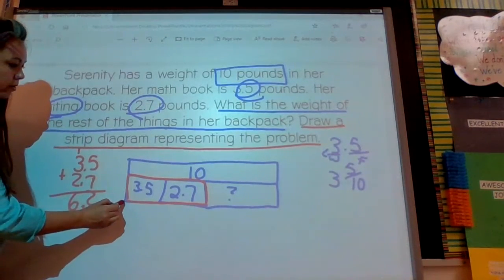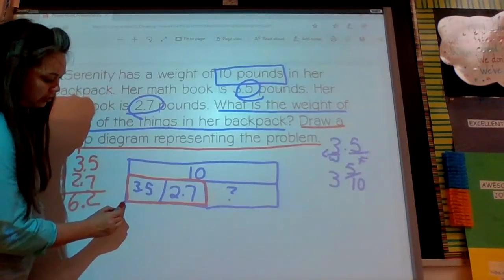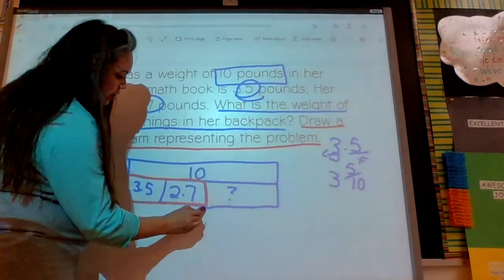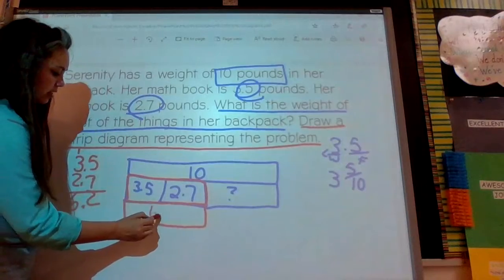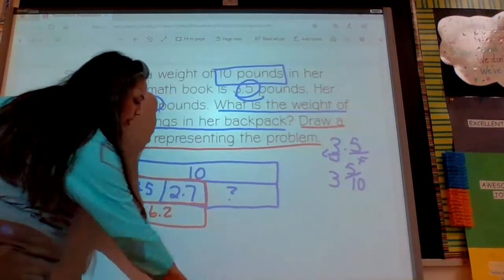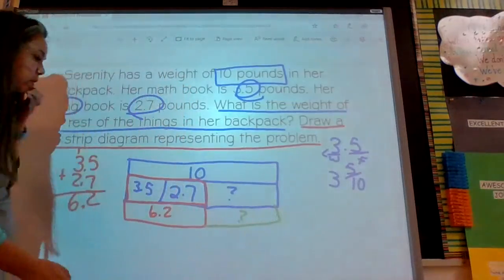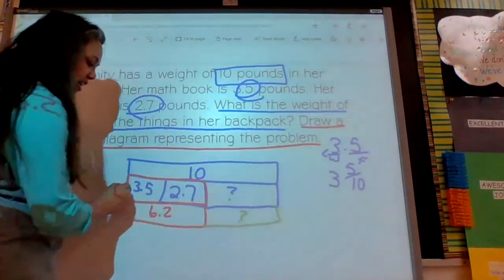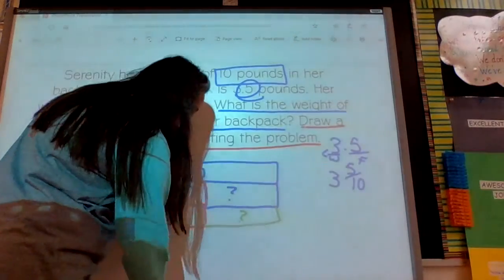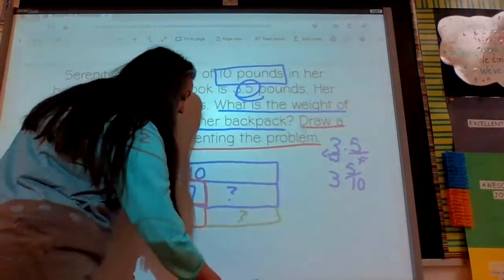So I know, and I just kind of do this so that you see, but from here to here is 6 2/10. But we still don't know what this piece is right here. Well, we know the whole thing is 10. And I hope that you remembered and we did enough practice.